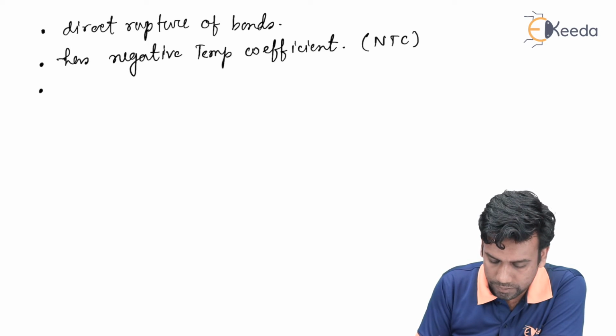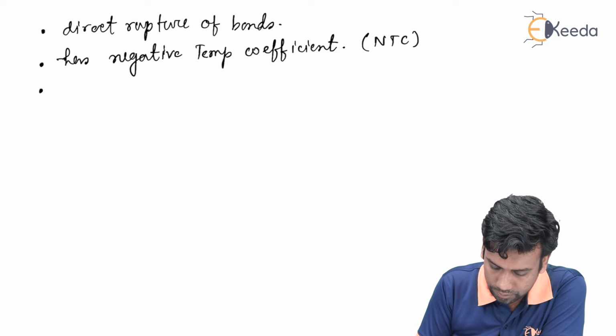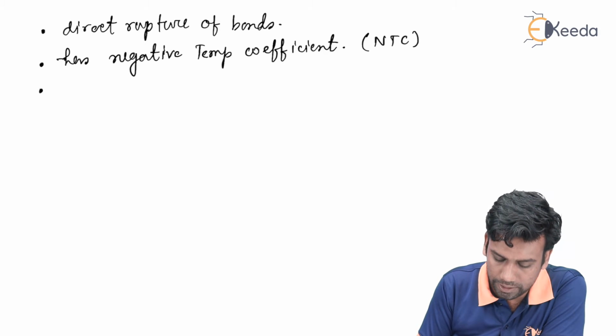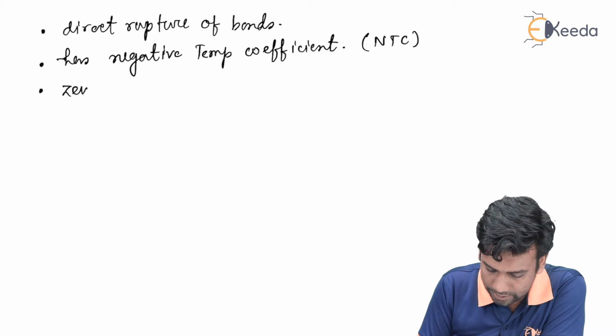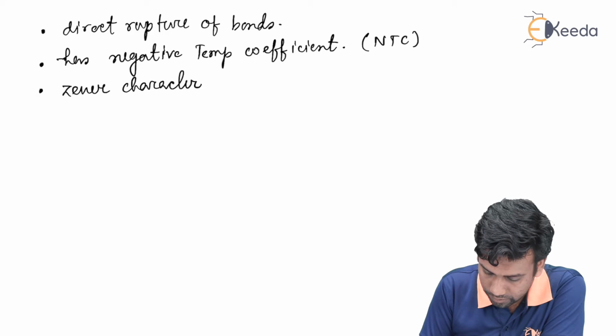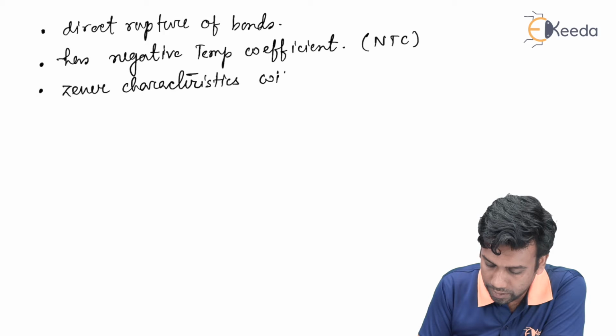Third one, Zener breakdown is a very sharp mechanism, and we can say that the Zener characteristics will be very sharp.